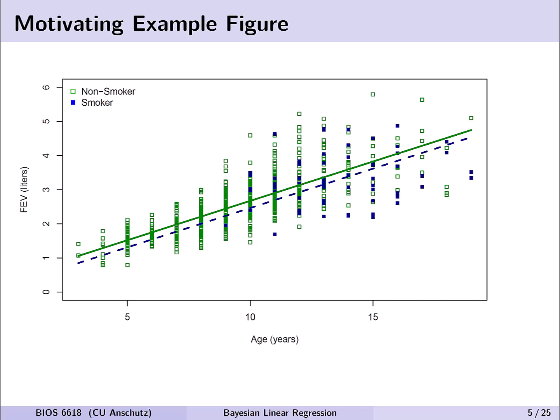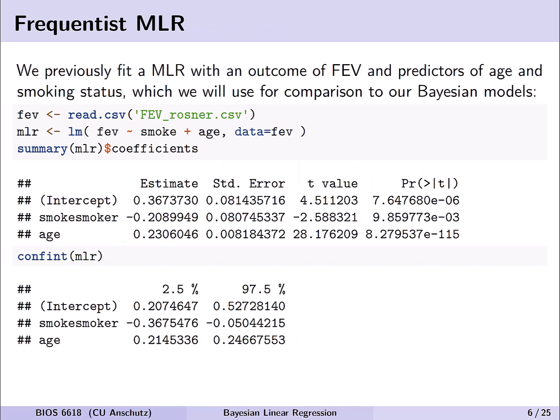We can also note that there are no smokers, thankfully, before age 9, although it isn't great from a public health perspective to have that in the data set either. We can also note that generally there is this positive linear trend, but there does appear to be a decrease from this plot for the linear regression from a frequentist model for smokers. And that's just a super fast review and things we can keep in the back of our mind as we see these results.